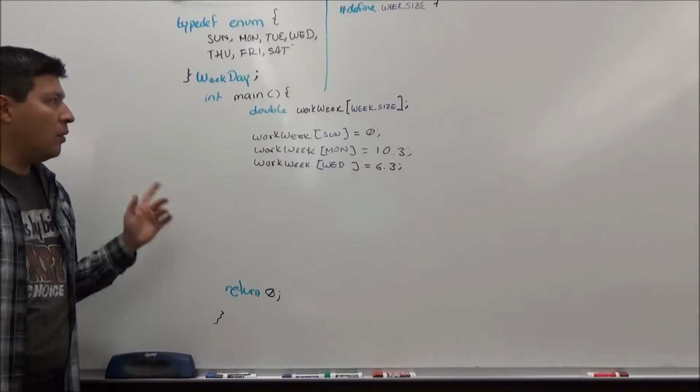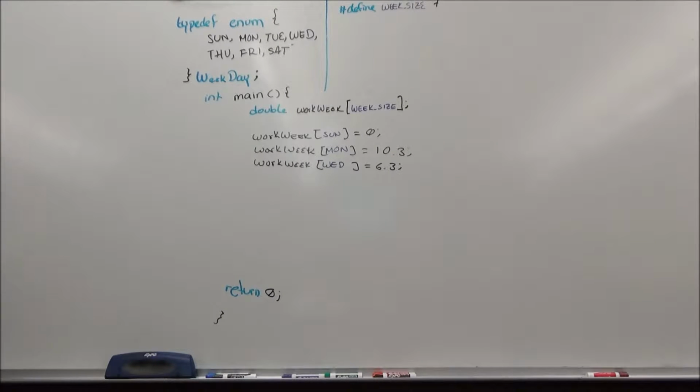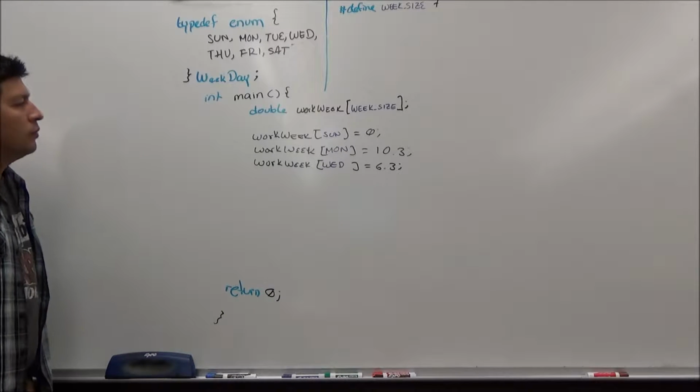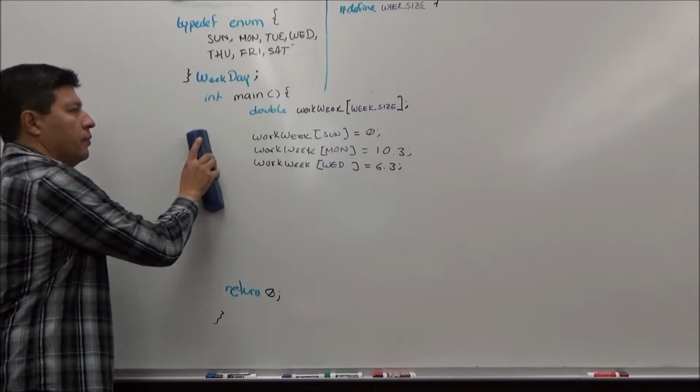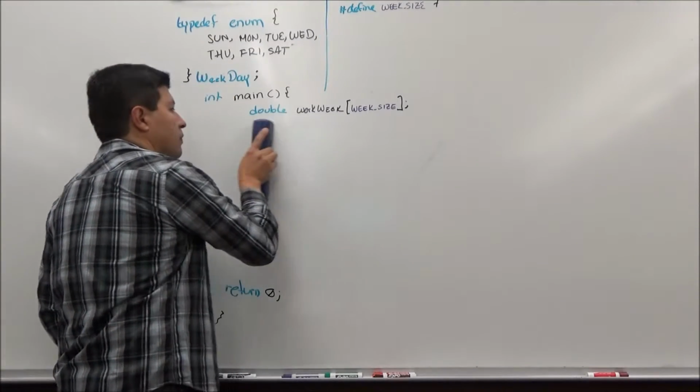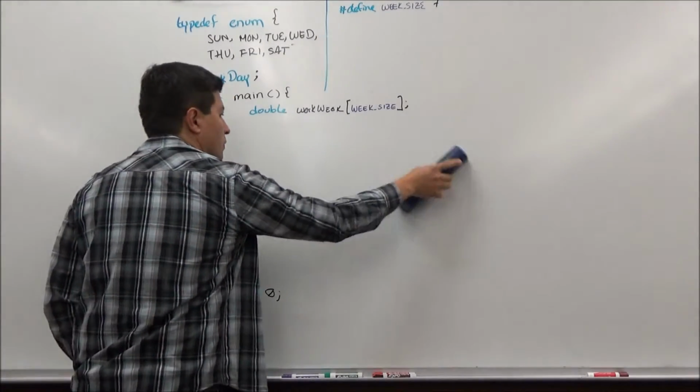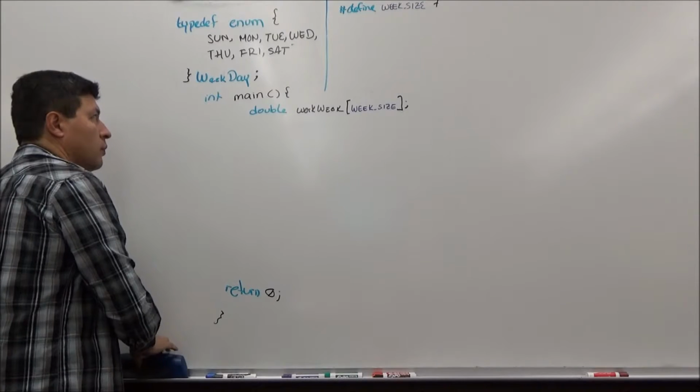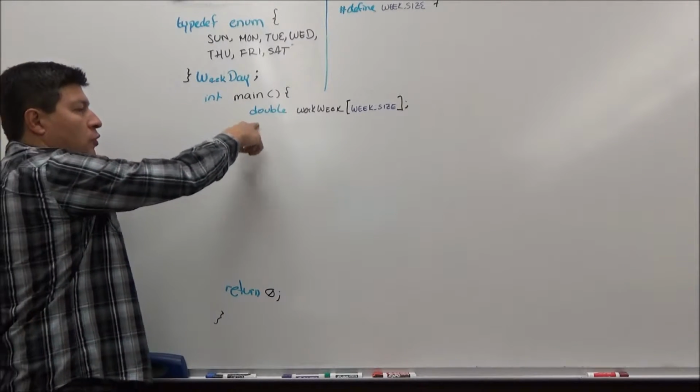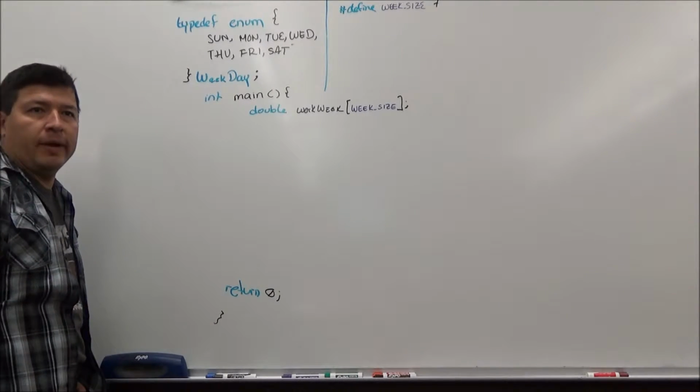So what happens now, I created my own type. What is the type? Well, integer is a type, double is a type, it's a variable type, right?